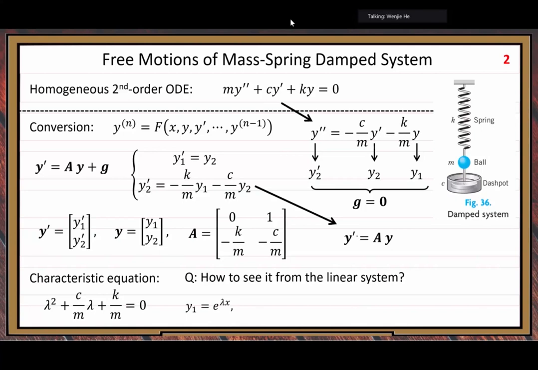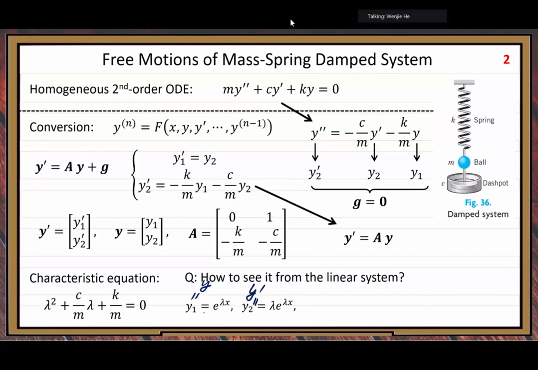Let's recall, how do we get this version of the characteristic equation from this homogeneous second order ODE? We use the solution structure, the exponential function structure. Y1, Y2, Y. Because derivatives are here, remember when we do the conversion, our Y2 is Y prime, and this is Y in our conversion.